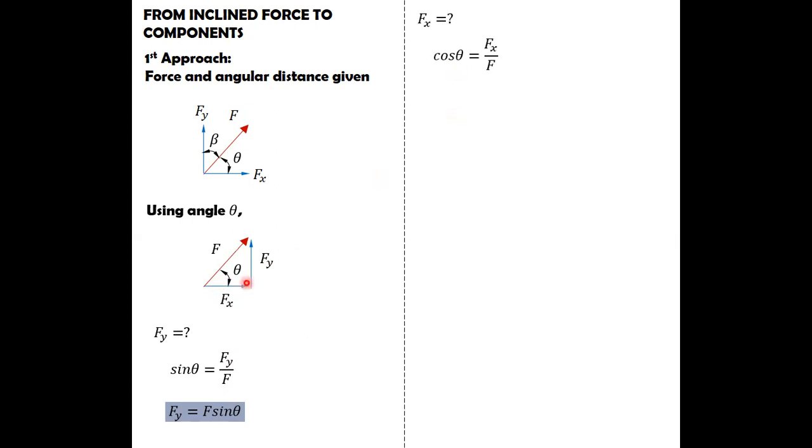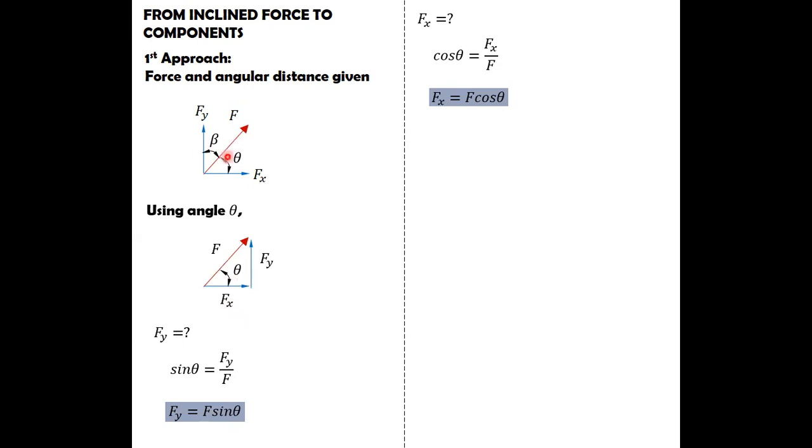By using cosine function, cosine theta is equivalent to the adjacent side, which is Fx, over the hypotenuse side, which is F. So by again applying cross multiplication, we will be having the equation in computing the x component. So these are the two formulas that we can use in computing the x and the y components if the angular distance is measured from the vertical axis.